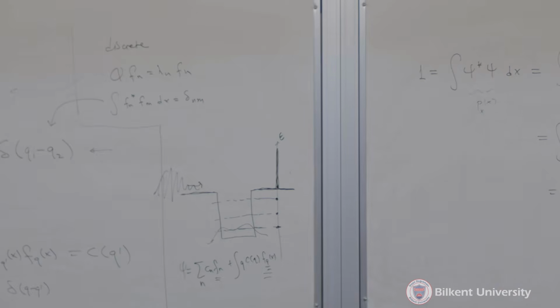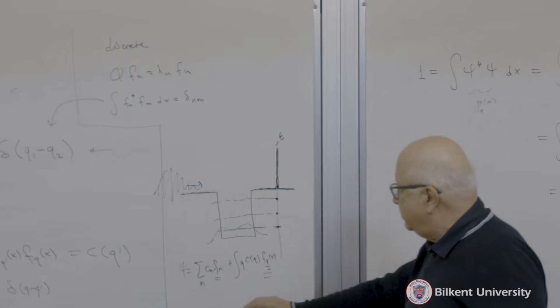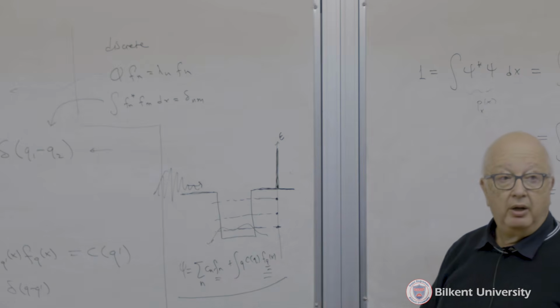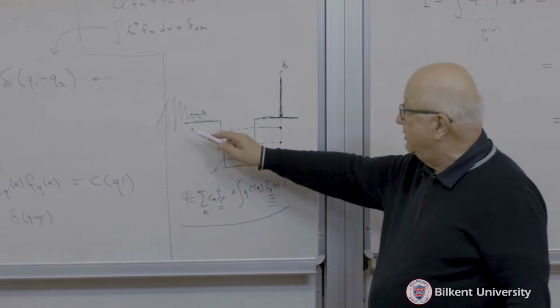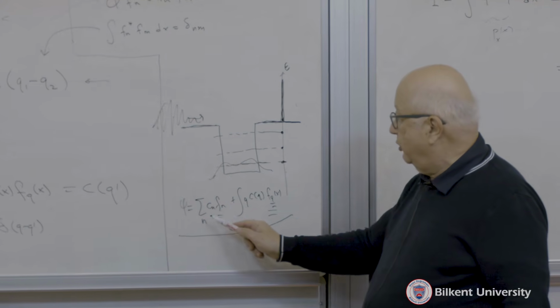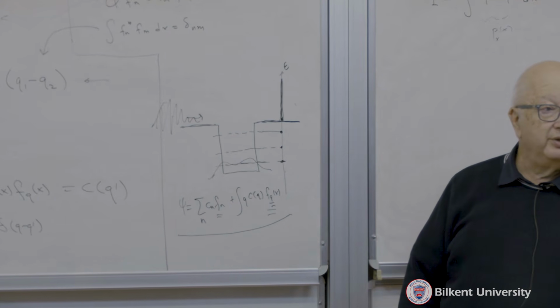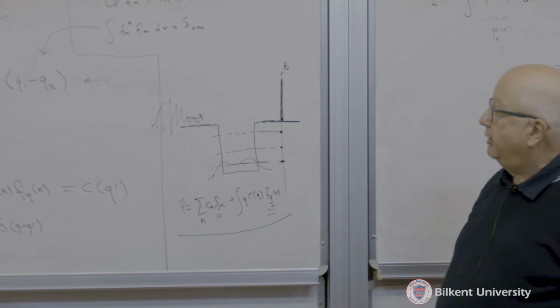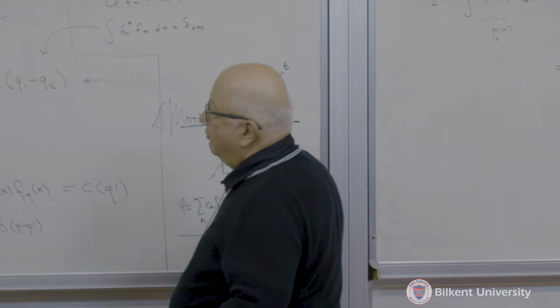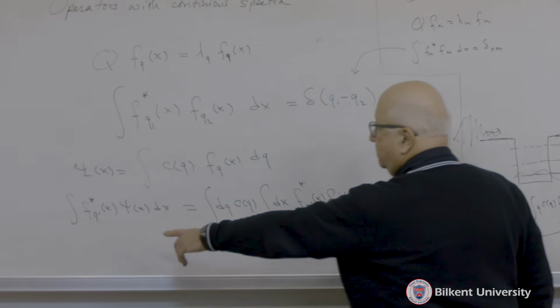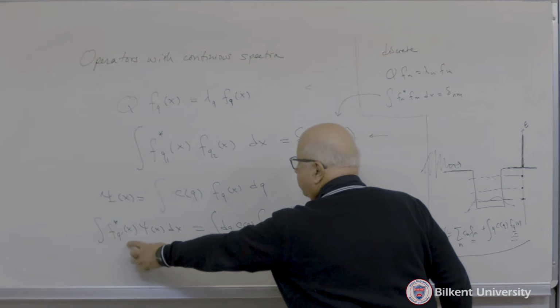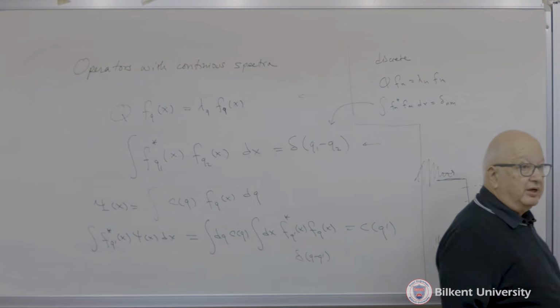Yes? Can you repeat the part about the Gaussian? Okay, so I have to do an expansion like this, right? And if I now want to expand this function in terms of these functions, remember how we do it. In fact, it's right over here. We take this wave function and multiply it with the eigenstate.